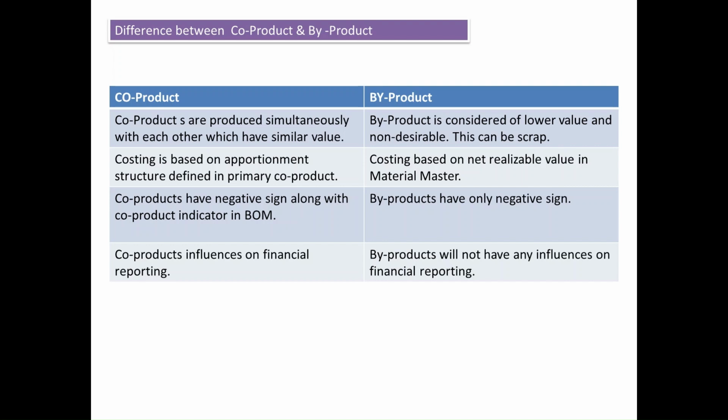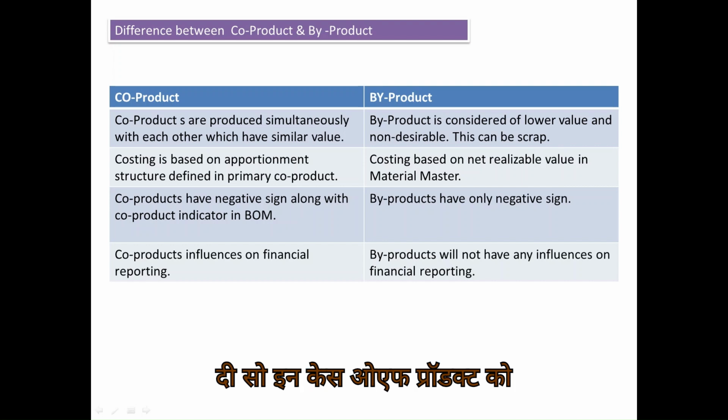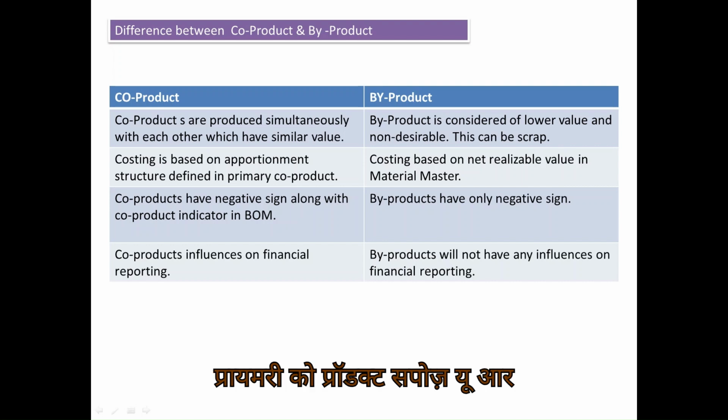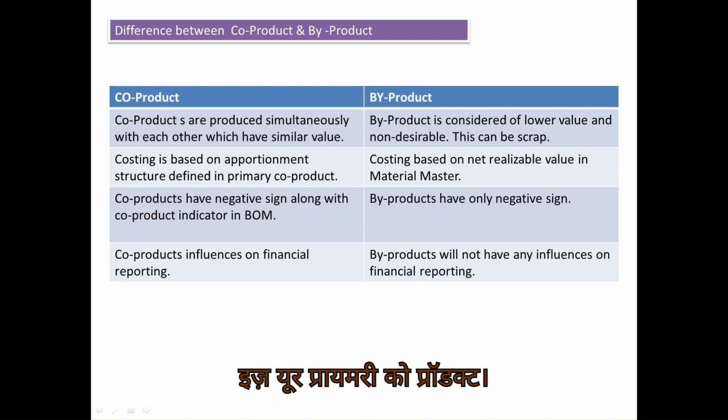Okay. Second, co-product costing: in the case of a co-product, you need to maintain the apportionment structure in the primary co-product. Suppose you are producing casting A and you are getting casting B also. So casting A is your primary co-product. There you have to maintain the apportionment structure, meaning for costing.